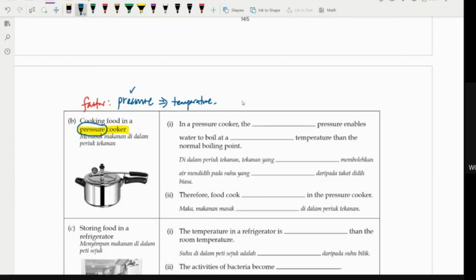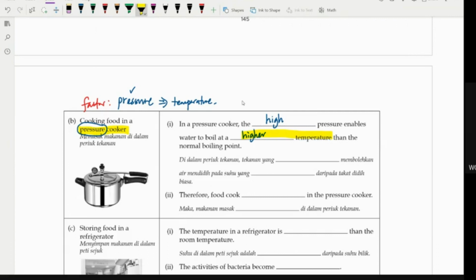Now we look into the explanation. Good try, Crystal. Inside the pressure cooker, the pressure is higher, which enables the water to boil at a higher temperature. That's why I say it indirectly affects the temperature.